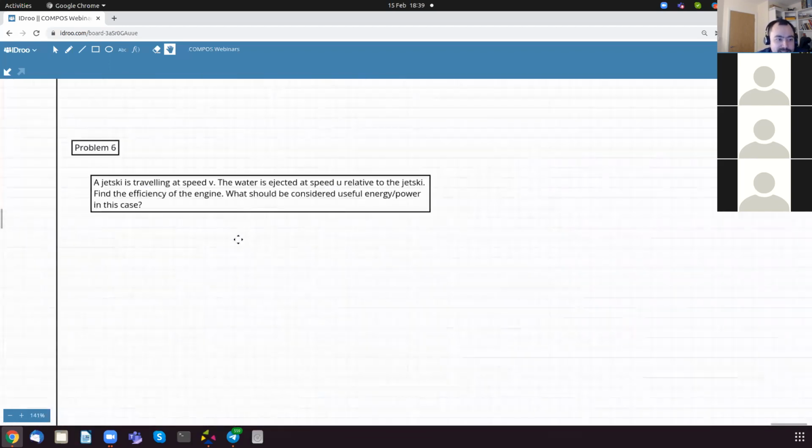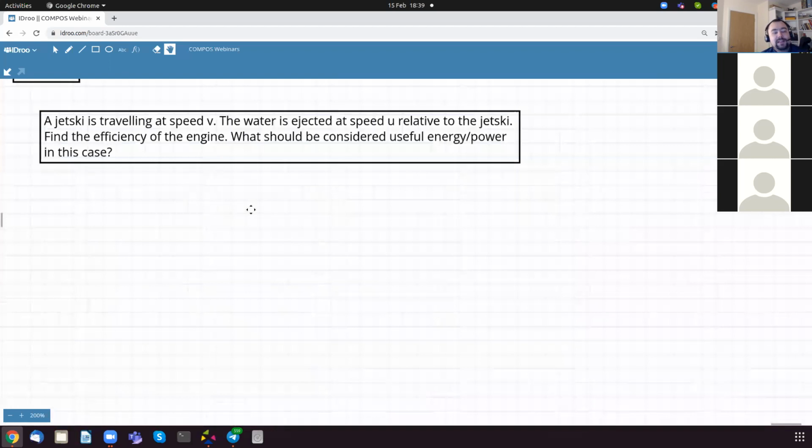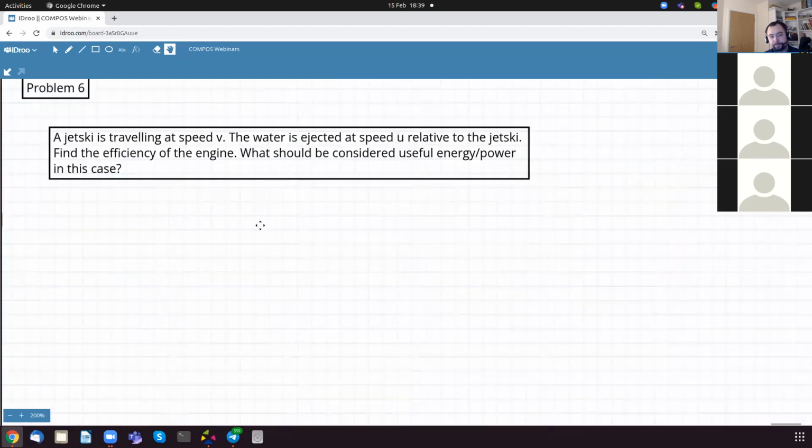Okay, problem 6. A jet ski is traveling at speed v. The water is ejected at speed u relative to the jet ski.